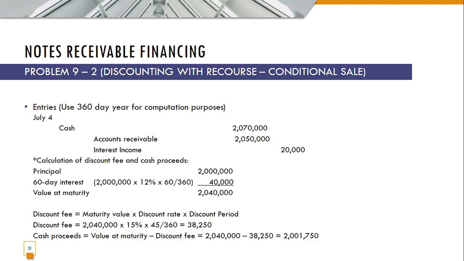On July 4, you received cash plus interest from the customer. So you have cash of 2,070,000, debit. Credit accounts receivable 2,050,000, and interest income of 20,000.